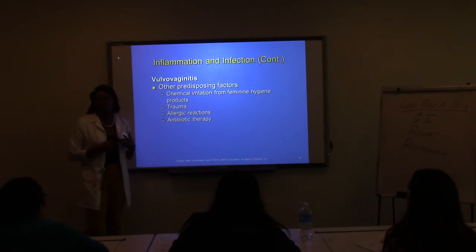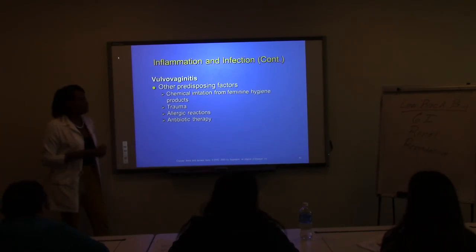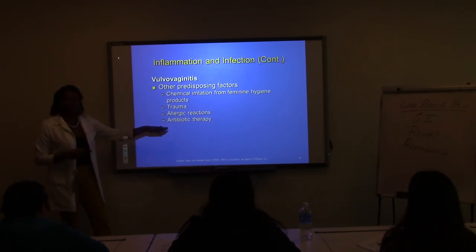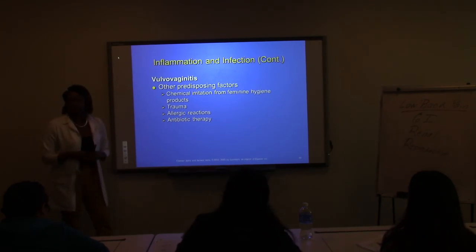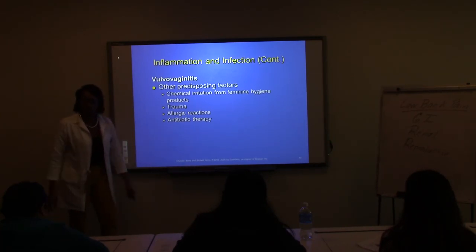Sometimes females are allergic to latex, and latex condoms can definitely cause vulvovaginitis. It'll cause that irritation. And antibiotic therapy, and I think we all know what happens with antibiotics. It kills the normal flora, therefore leading to Candida albicans possibly developing.